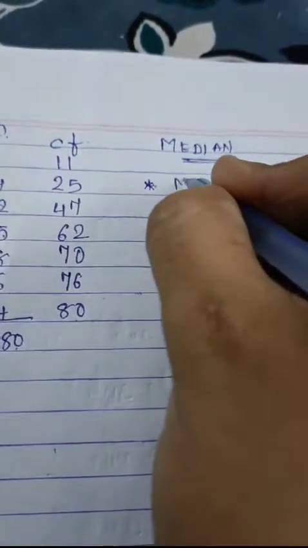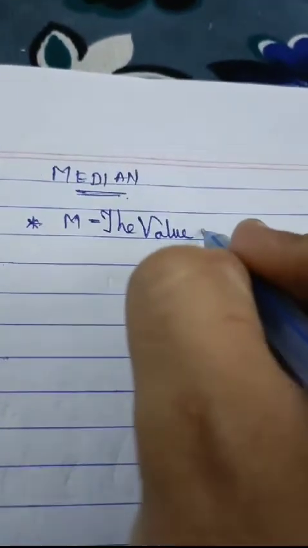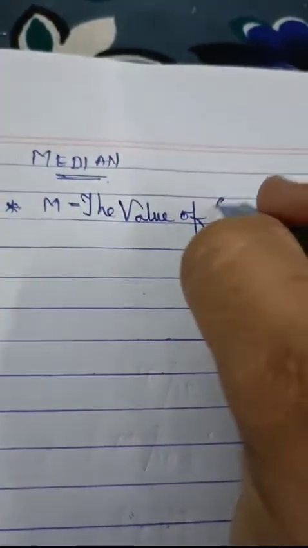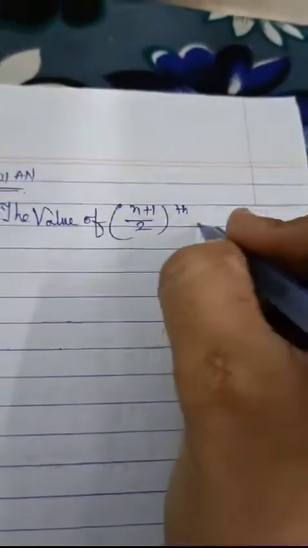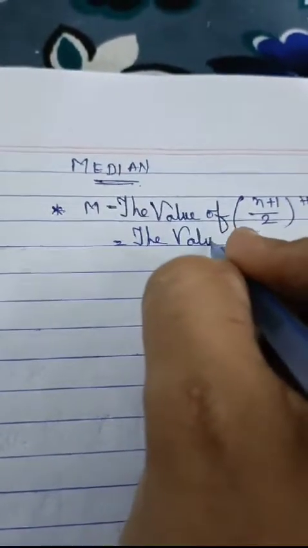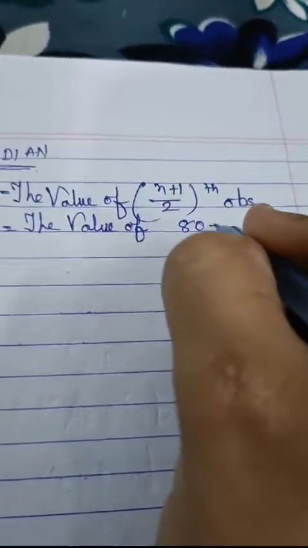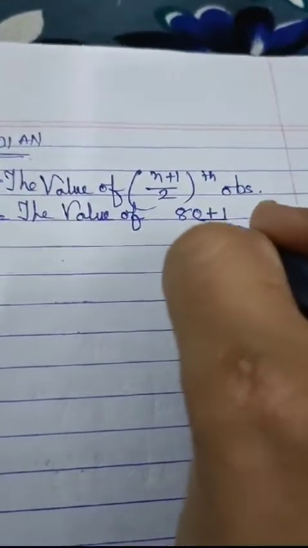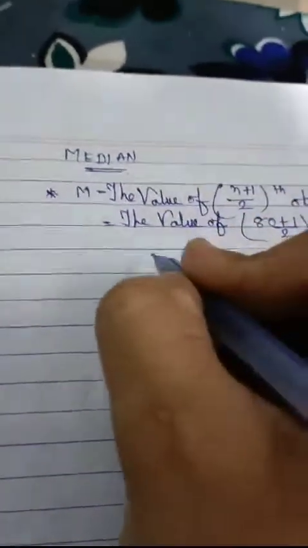So that is m equals the value of (n plus 1) divided by 2 observation. So here the value of n is 80, so 80 plus 1 divided by 2 observation.